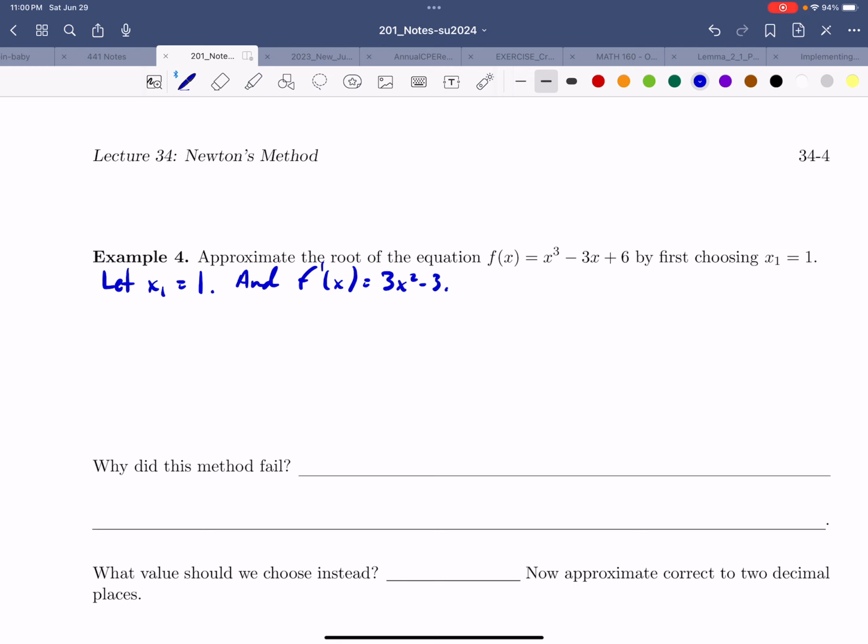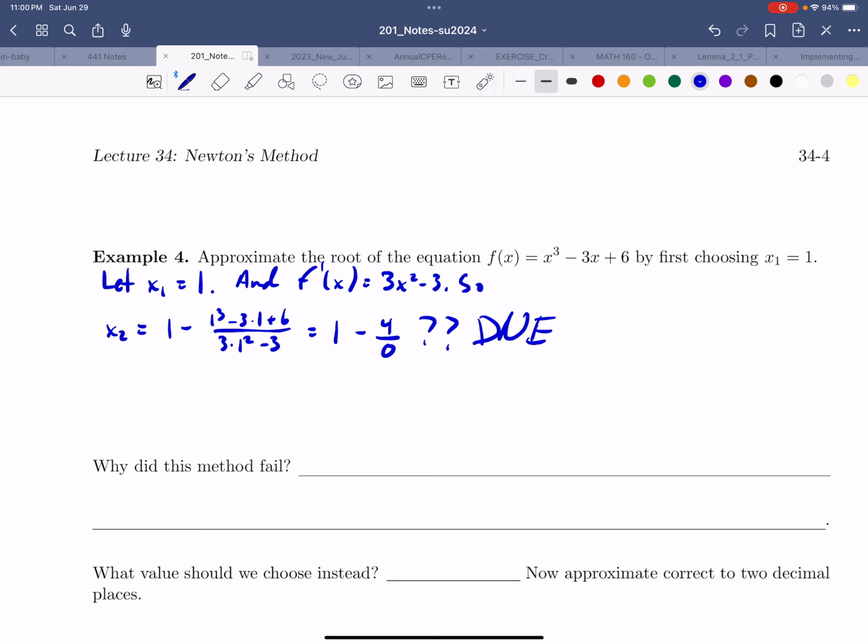So x2 is going to equal x1 minus f of x1 over f prime of 1. That's all good, except that we're going to get 1 minus 4 over 0. So that's just not happening.